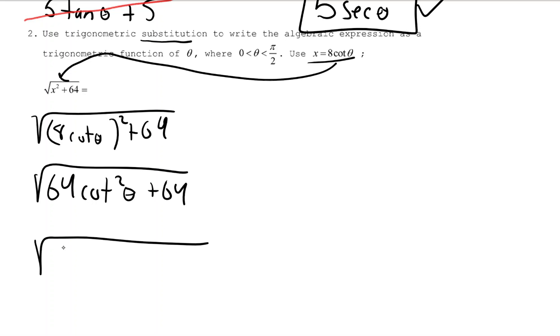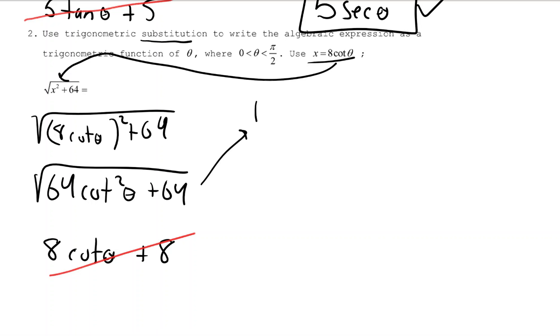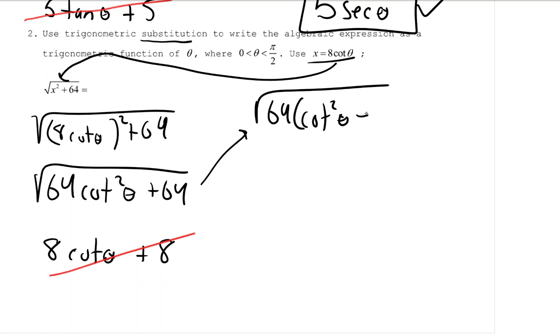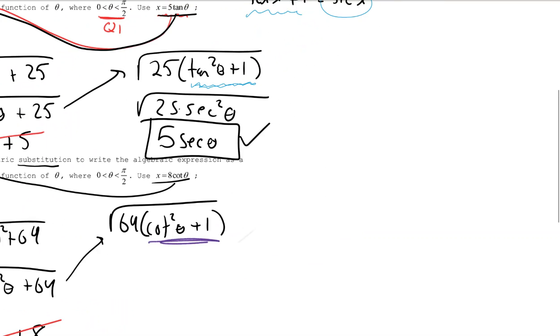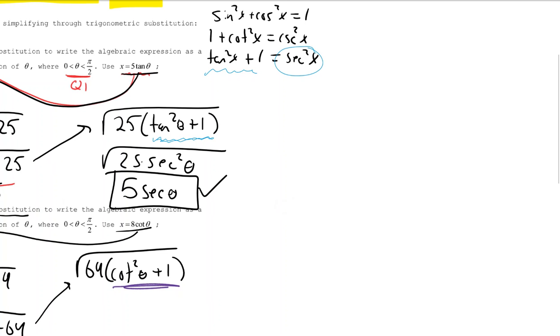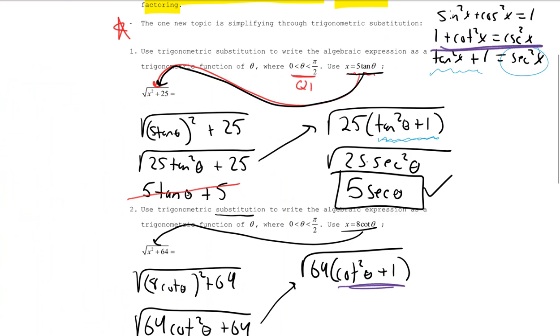And then, as much as I say this, it's still tempting to take the square root of the terms, but that's not how square roots work. Instead, you should have factored out the 64, like so. Then, this is an identity, so instead of saying cotangent squared plus 1, cotangent squared plus 1 is cosecant squared.